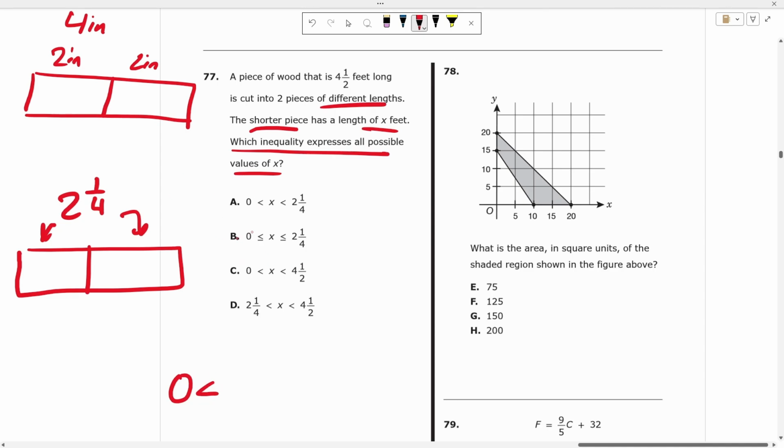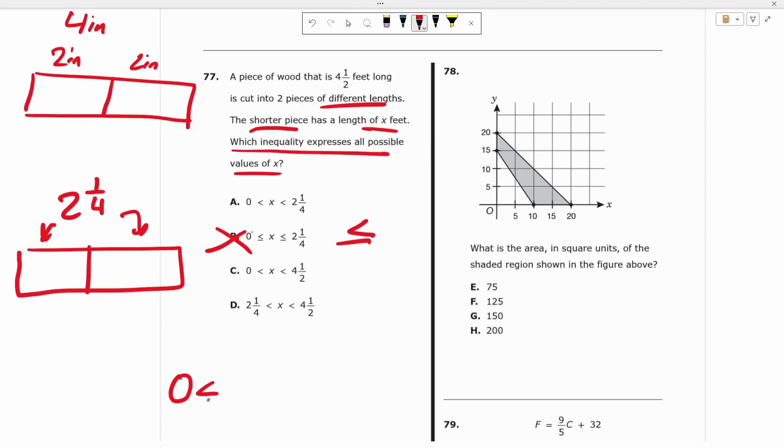So just by looking at that, we can eliminate choice B, because a greater than or equal sign means that that piece can equal 0. That piece cannot equal 0 because if the piece is 0 inches long, that means it doesn't exist. We never cut it. And here we're dealing with a cut. Okay, in order for you to cut something, you have 2 lengths, right? 2 pieces that have some distance to them.